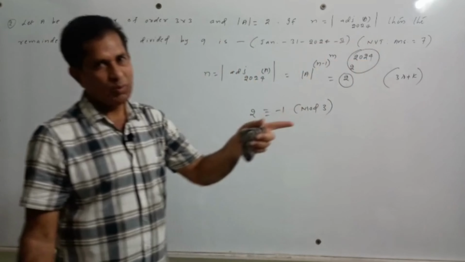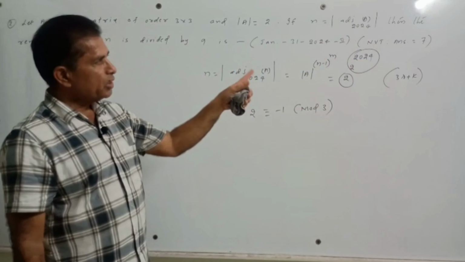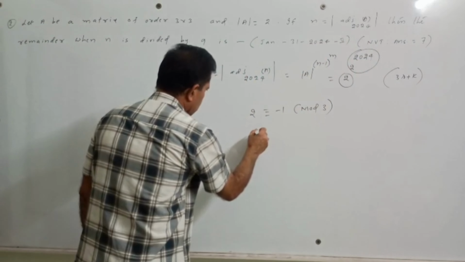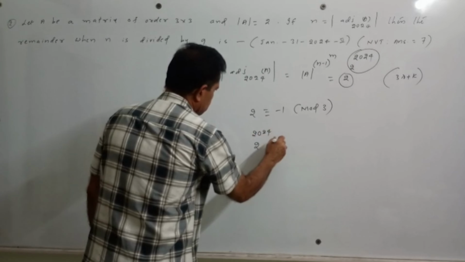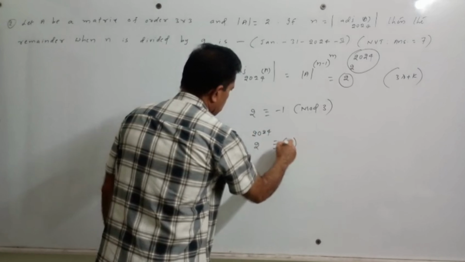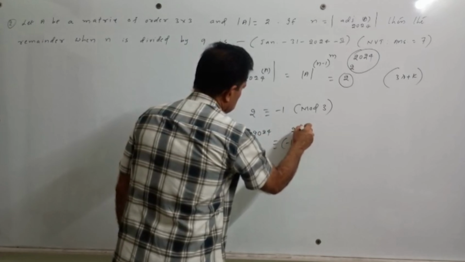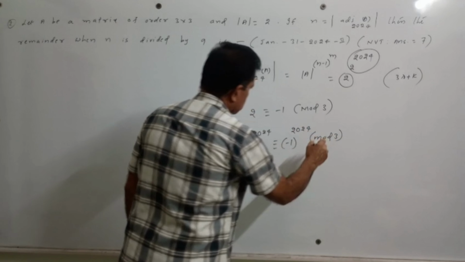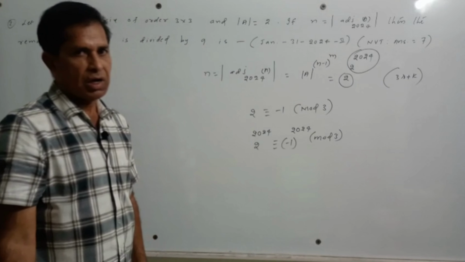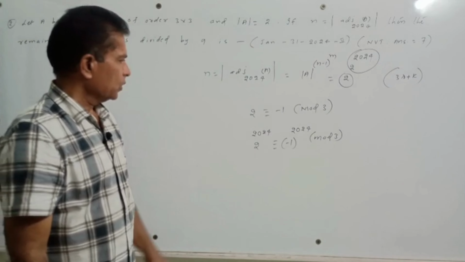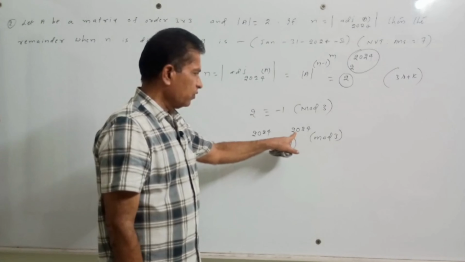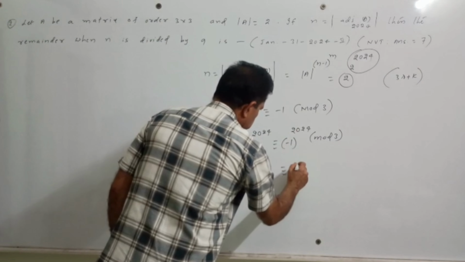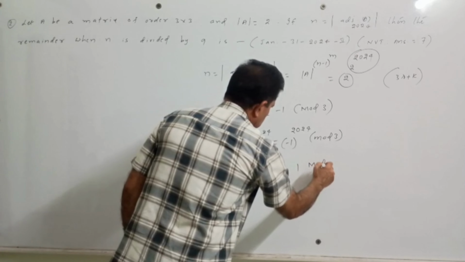So I am taking 2 to the power of 2024, which is congruent to minus 1 to the power of 2024 modulo 3. I just took the power 2024 on either side. Minus 1 to the power of an even number is plus 1.